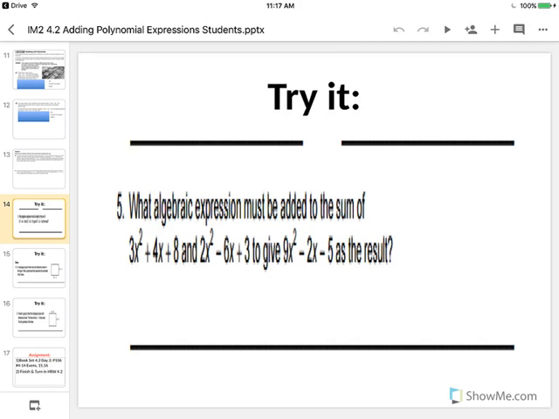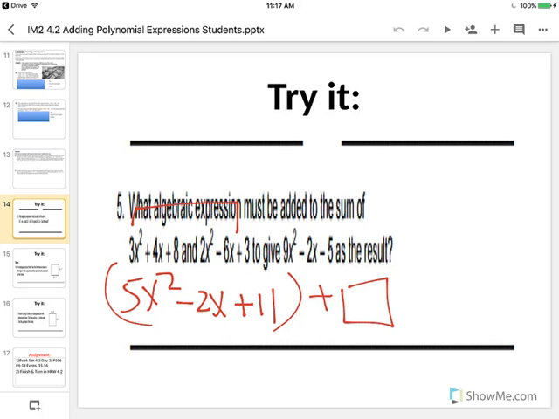When we combine these two, this gives us 5x squared minus 2x plus 11, but we need to add something to get to 9x squared plus 2x minus 5.